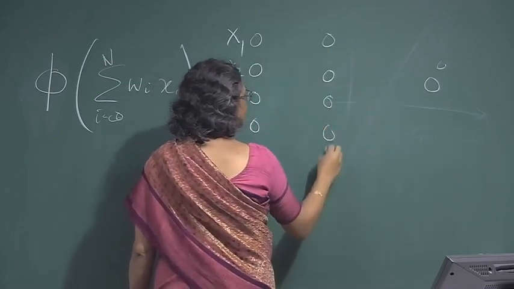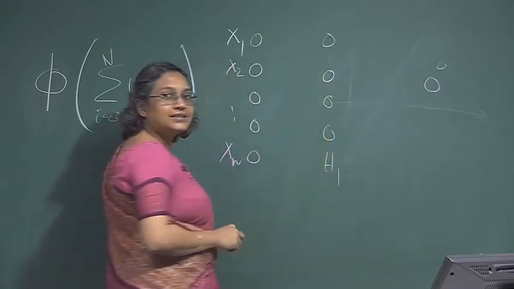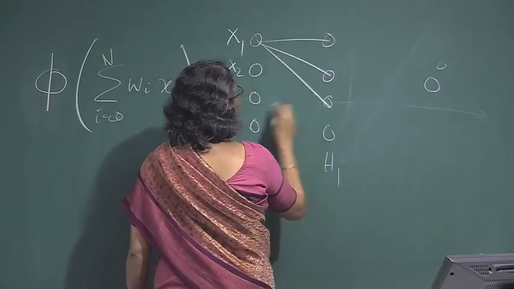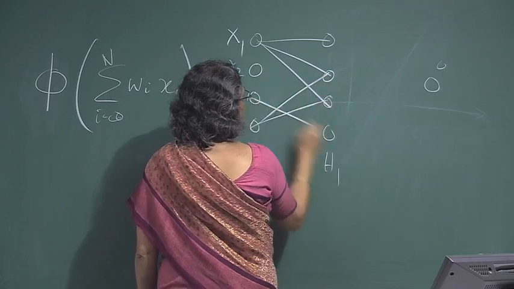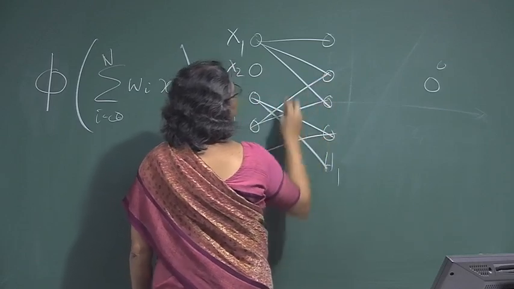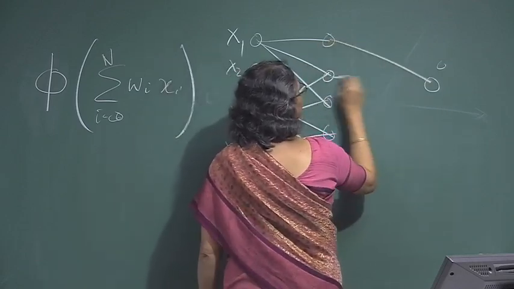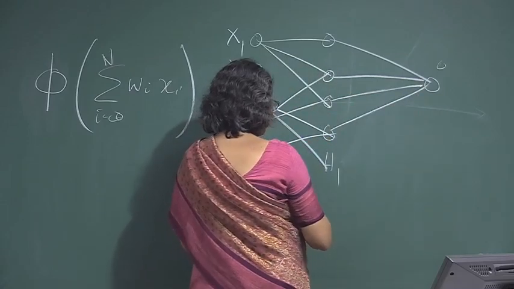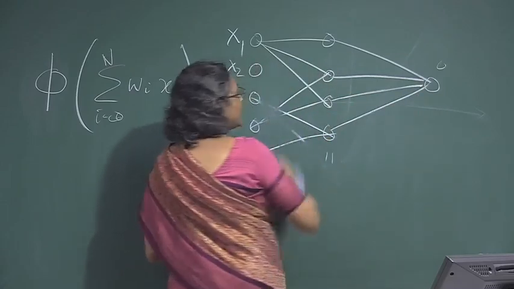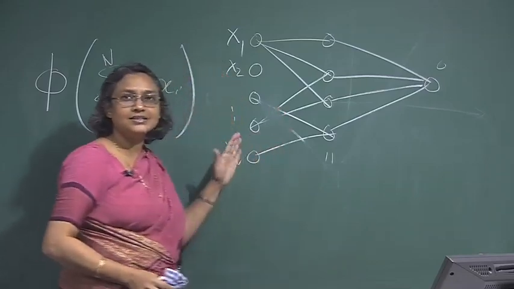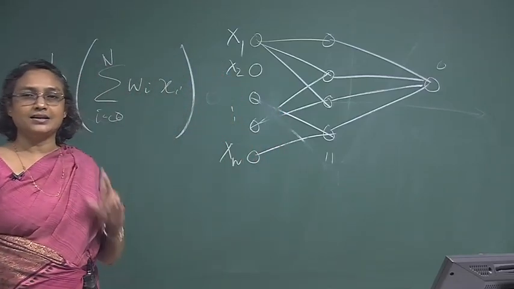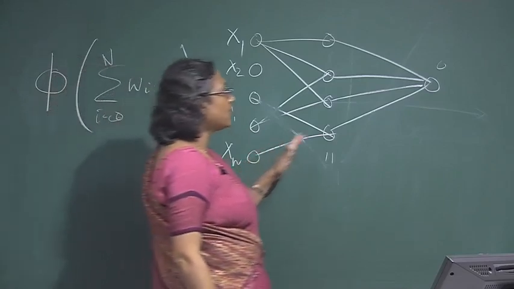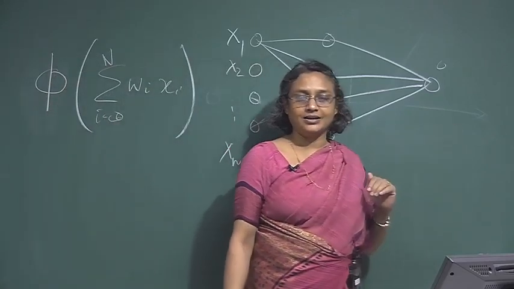Suppose this is the first hidden layer comprising 3 nodes, and we can have connections from the input to the first layer, and from the first layer to the second layer. Such a network is a network with one hidden layer. A network with one hidden layer is normally called a two-layer neural network.